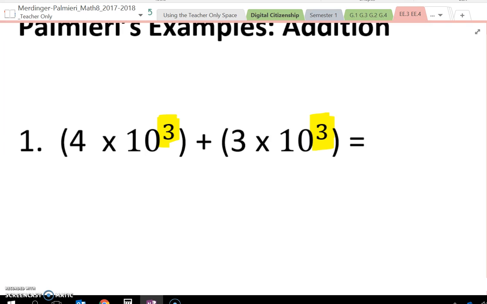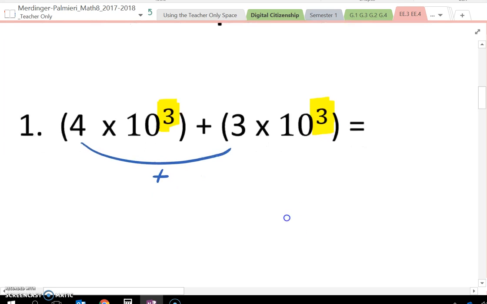Because they are common, all we're going to do is add our first factor, which is 4 and 3. So this is 4 plus 3 giving you 7 as your new first factor. Because this is scientific notation, you are still keeping this times 10 format. And this time, instead of doing anything with your exponent, you are going to simply keep it common. And this problem is now complete.